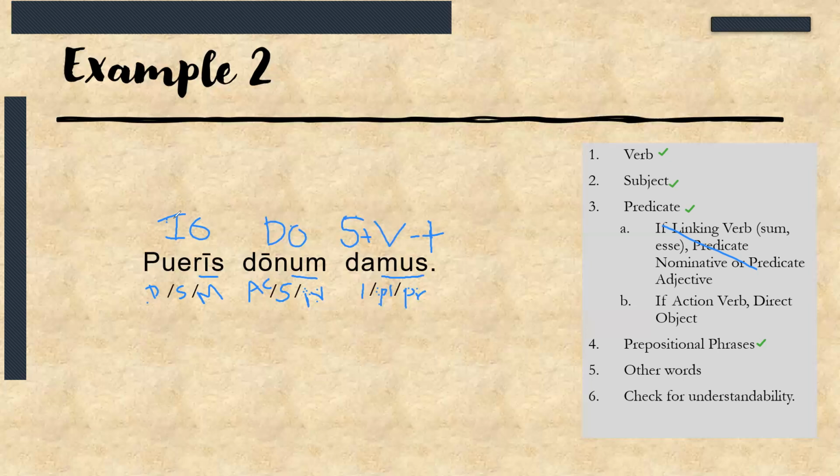So now we have parsed everything. We have labeled everything. And now let's see if our translation makes sense. Damos, we give the gift or a gift to the boys. There's a good translation. Now, the reason that we do not take this as a puzzle piece is that here's what students will almost universally say when they look at this.